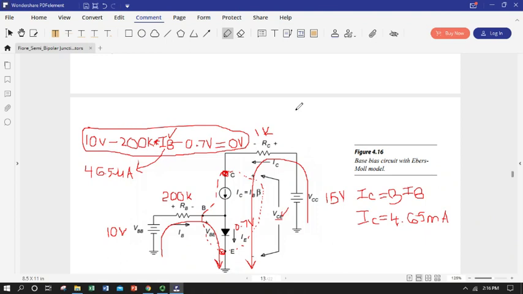So I could write that as 15 volts, and we have a little bit of messy effects with our drawing program, but we'll try to draw as neatly as we can, minus I sub c times R sub c minus whatever V sub CE is equals 0.